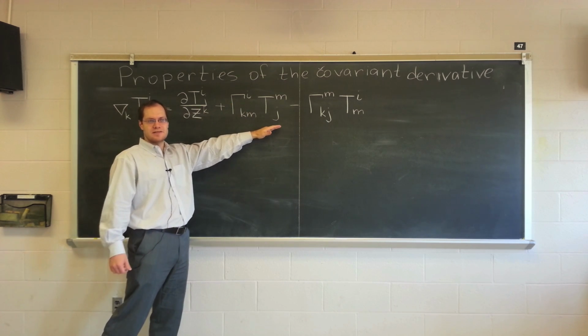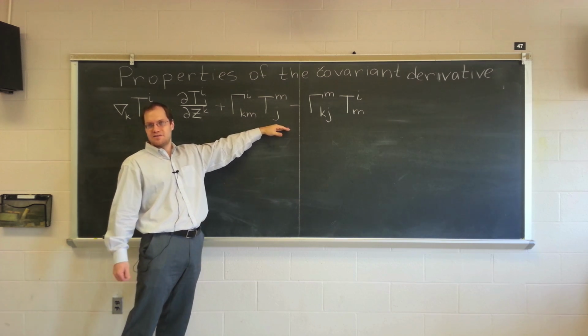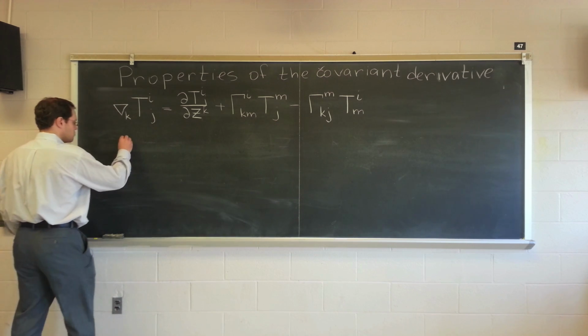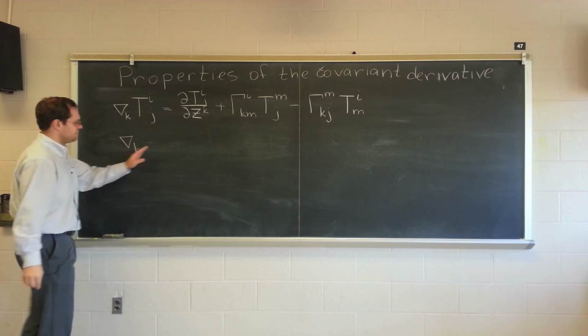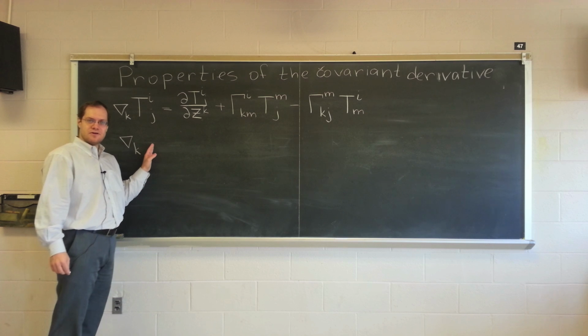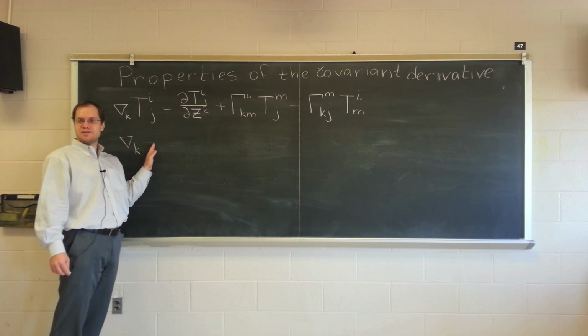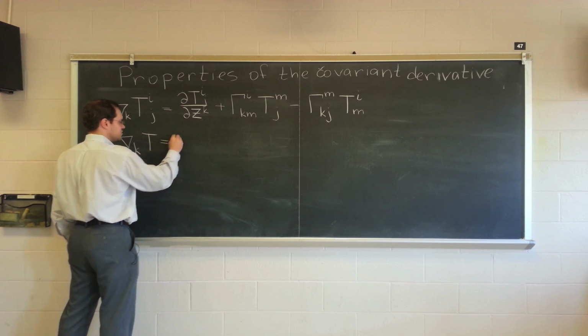It's not a final formula. It's just an encoded recipe for applying this derivative. So this derivative applied to an invariant, and this invariant could be a scalar, in the sense a number, or a vector, such as the position vector, is just the partial derivative.